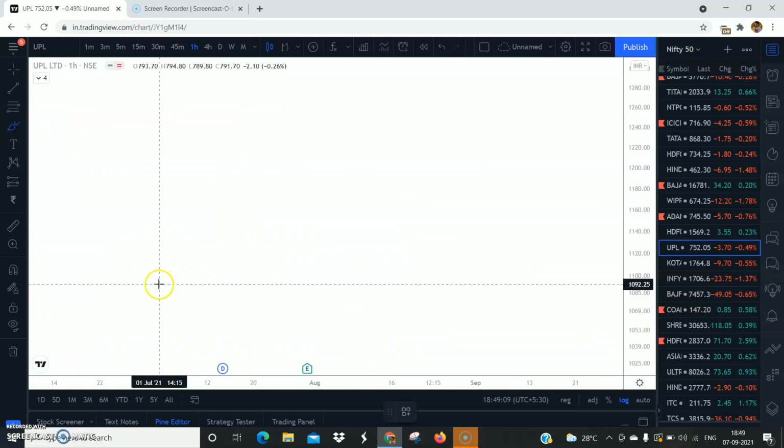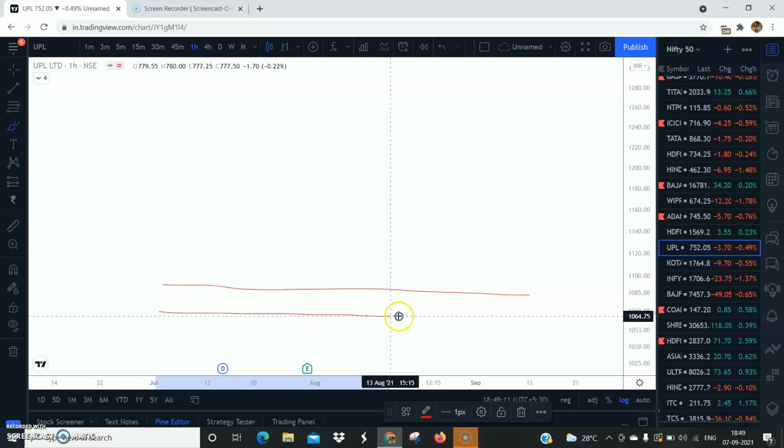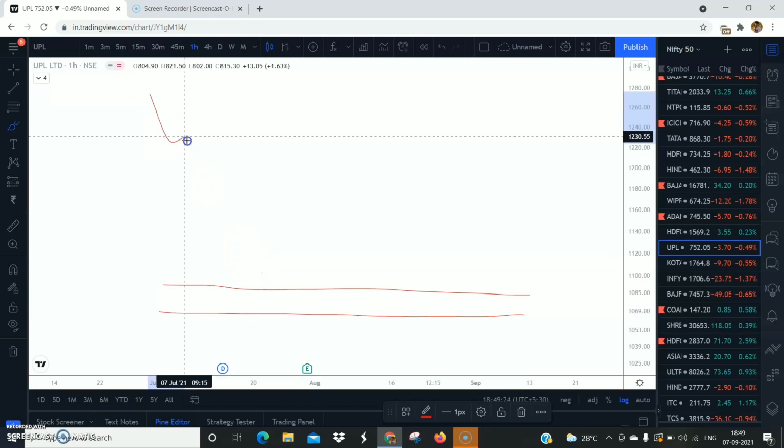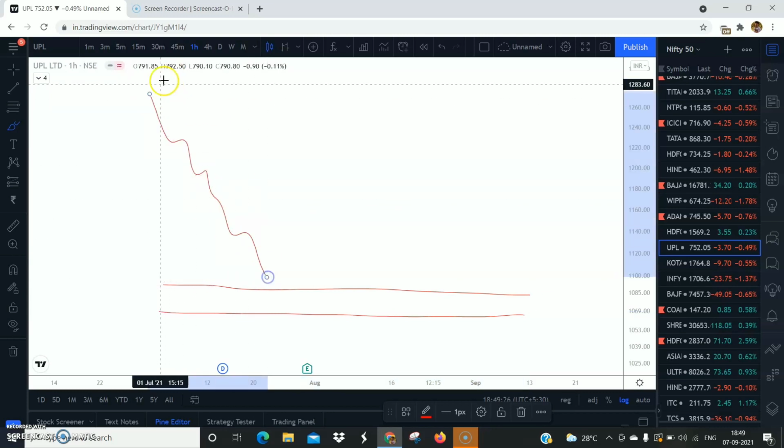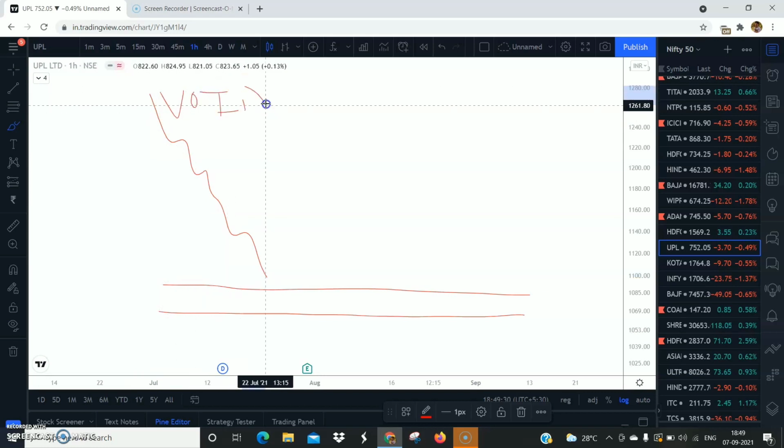What you're supposed to look for is order blocks, right? Now I'll simply combine part 1 of this series and part 2. Let's say this is an order block. This is a higher time frame order block. The price falls lower, creating imbalance. Somewhere here there is a void created by the market.